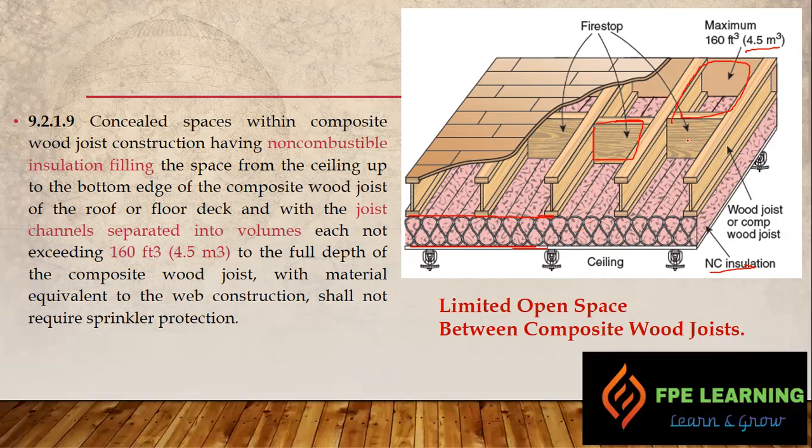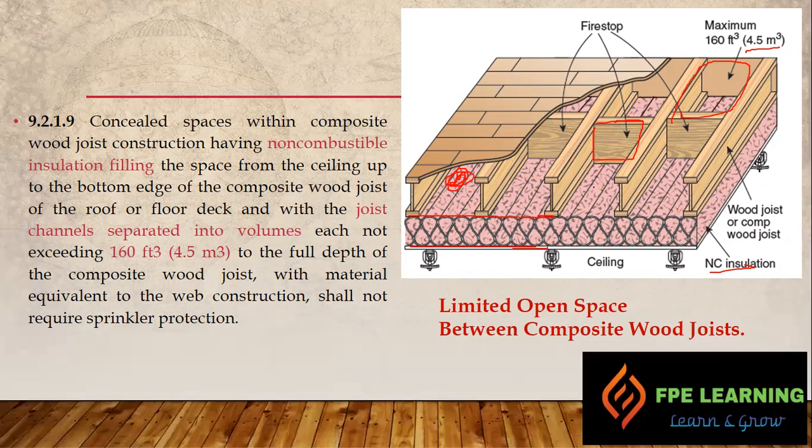The idea behind that is that if there is a fire in that location, it is not going to propagate out of this box, because this is a cutaway view of the ceiling. You can see it is closed from the top, so there is very minimal chance of fire propagating from one volume of 4.5 cubic meters to another, right?